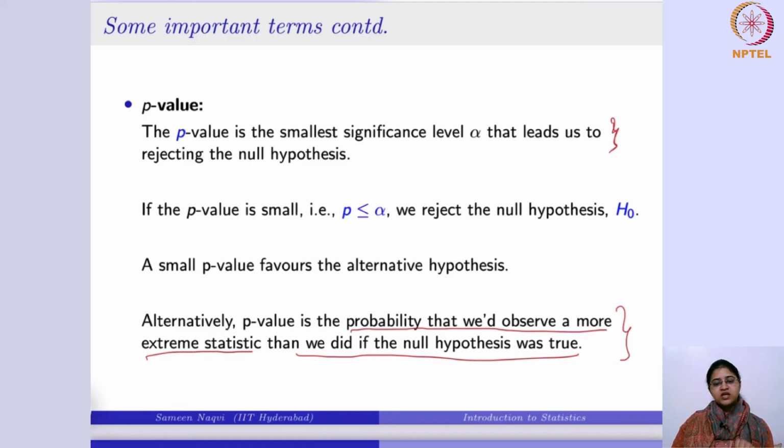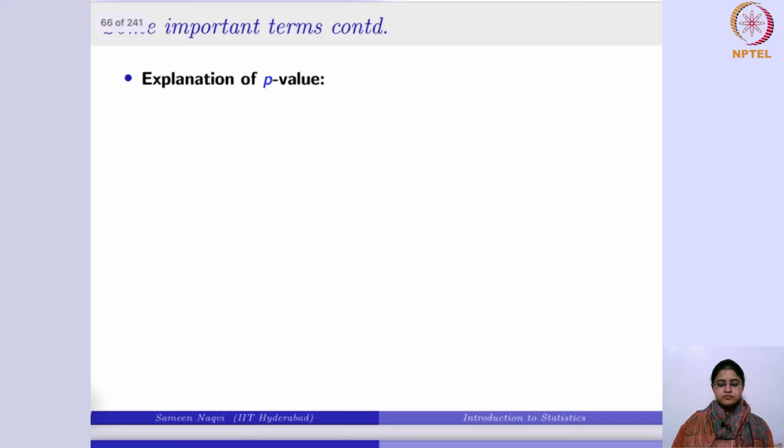So provided the null hypothesis is true, would you be observing a more extreme statistic or not? The p-value is basically that probability. To understand this, let us consider an example.